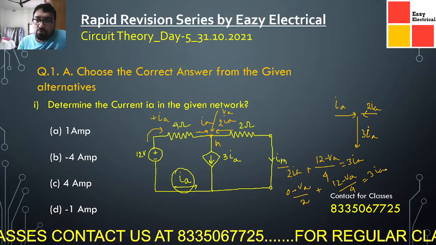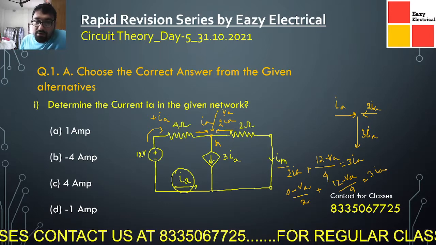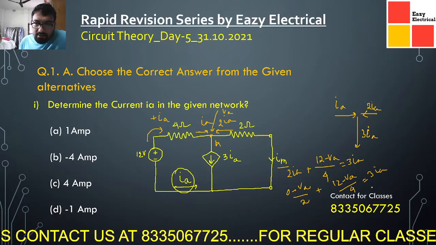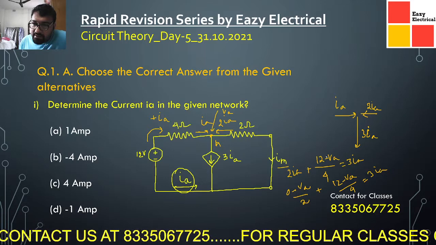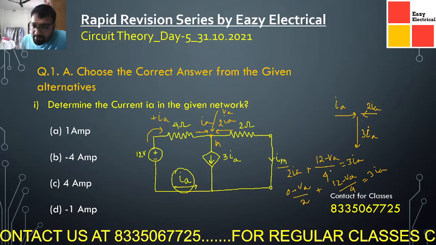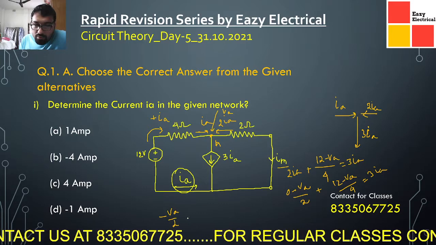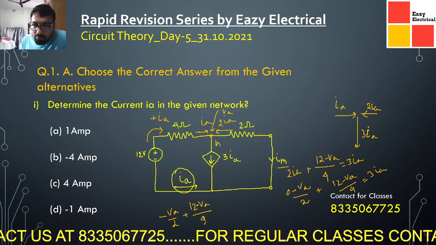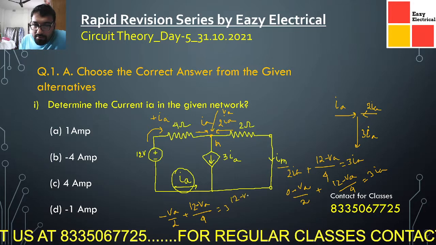Here we are trying to get the value of VA first, then we will calculate IA. Replacing the IA value, we get minus VA by 2 plus 12 minus VA by 4 equals 3 times 12 minus VA by 4.